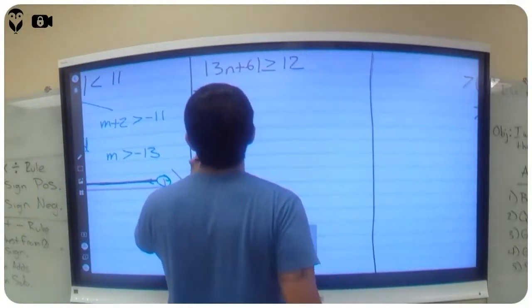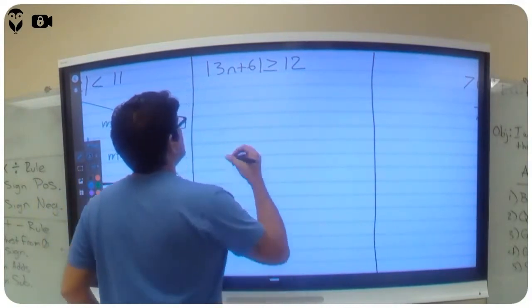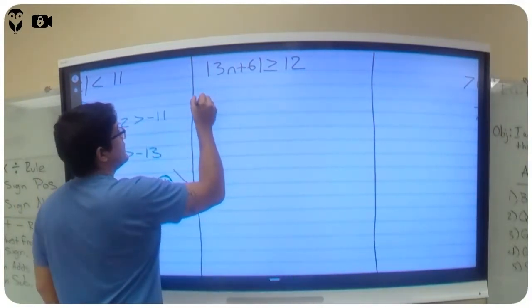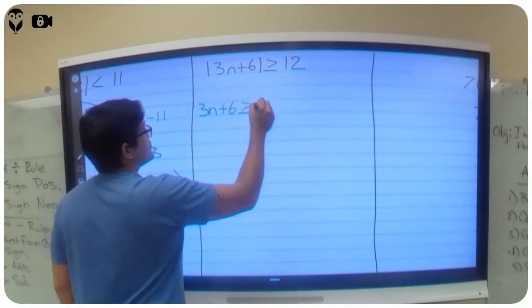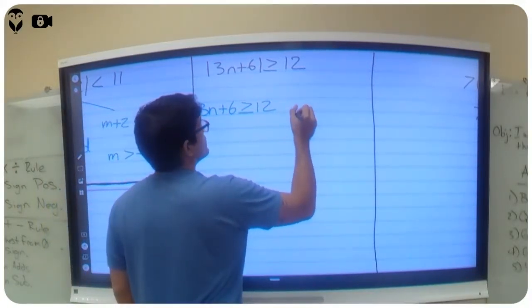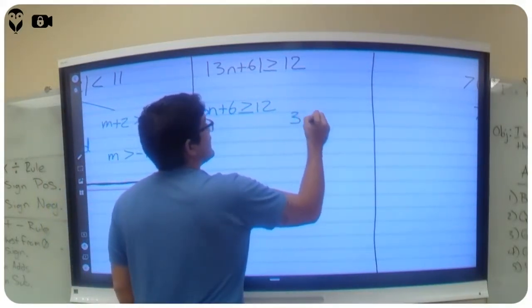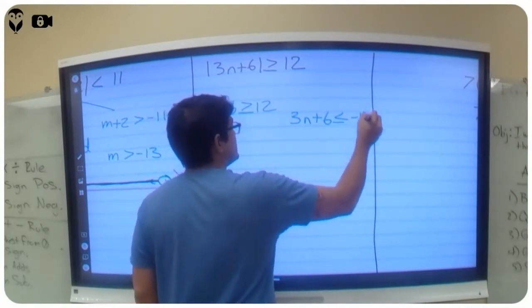So for this one, okay, same rules apply. We're going to split this. It's going to be 3n plus 6 is greater than or equal to 12. Nothing changes. And the other solution set is going to be 3n plus 6 is less than or equal to negative 12.